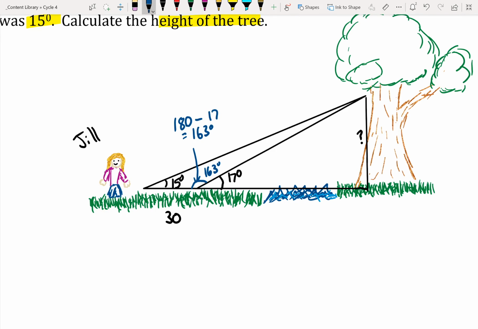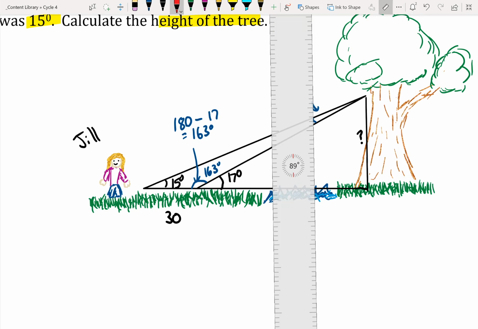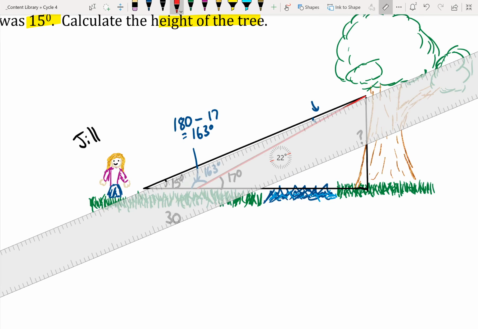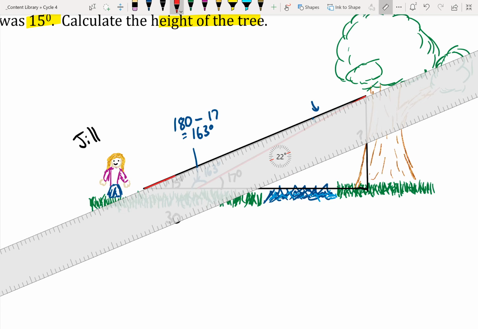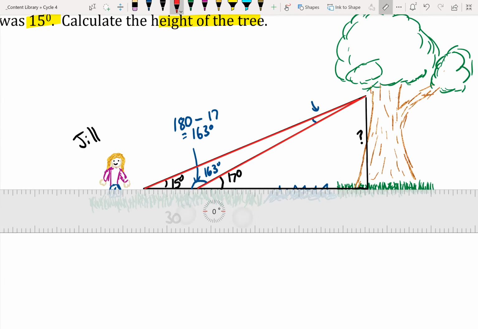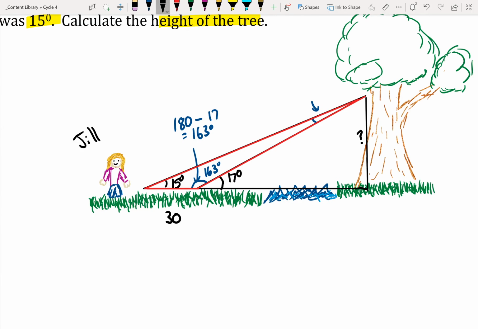I can also figure out what this angle is up here, because if I look at just this triangle that I'm going to now outline in red, I already know two angles in that triangle, so I should be able to figure out the third, because all angles in a triangle add up to 180.